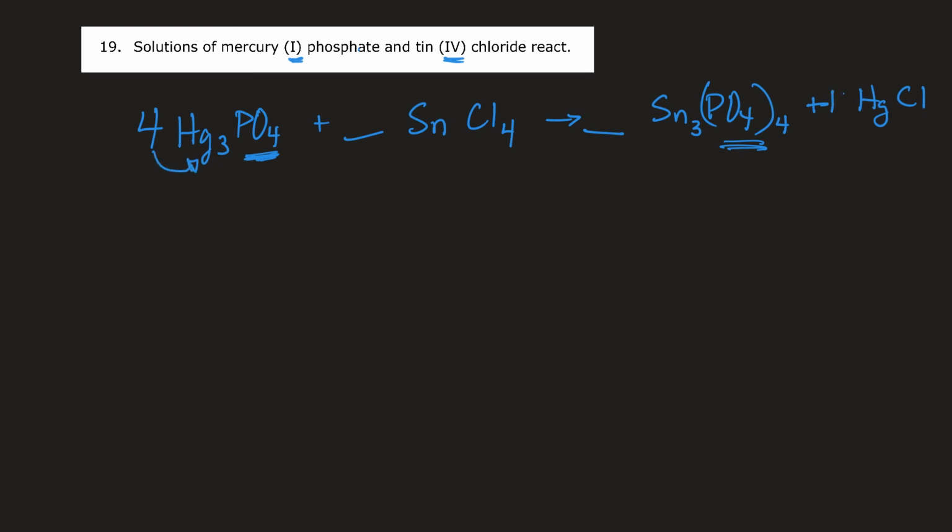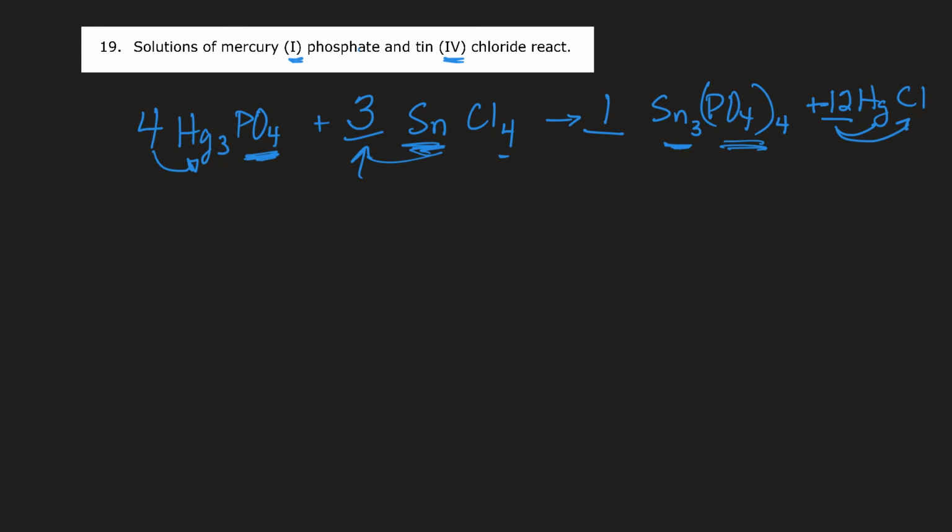Okay, I can put a 12 there. That gives me 12 mercuries, but that also gives me 12 chlorines. So over here, what do I need to put there to give me 12 chlorines? If you said 3, that's right. So 3 gives me my 12 chlorines, but now I've got 3 tins, which I have over there, balanced.